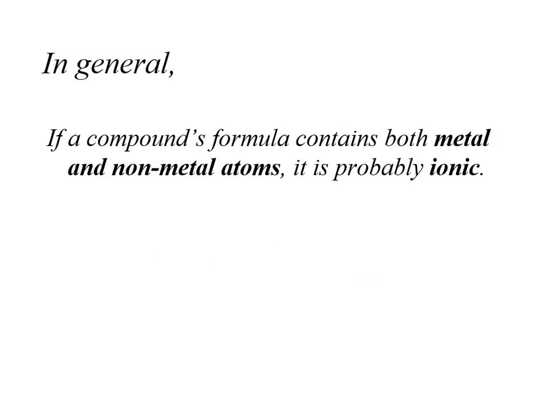So I kind of feel like we're recapping here. If you have a formula, again, I do this for my intro students. I give them a formula and I say, does that formula represent a molecular compound or an ionic compound? And I tell them, look for the metal. If you have a metal, then you most likely have an ionic compound.